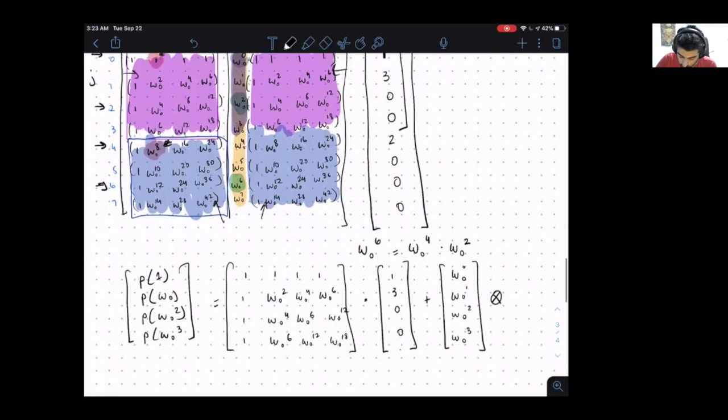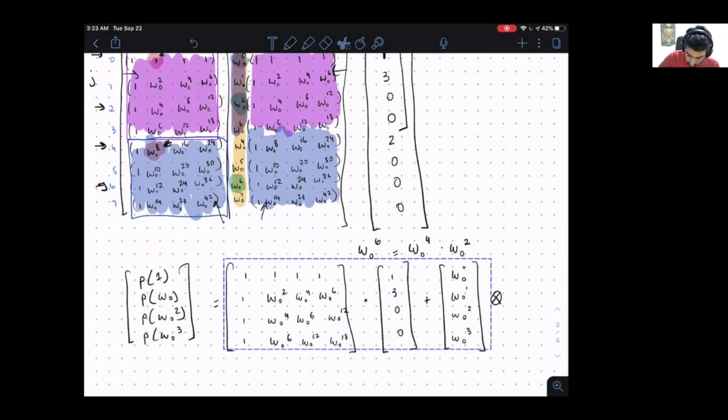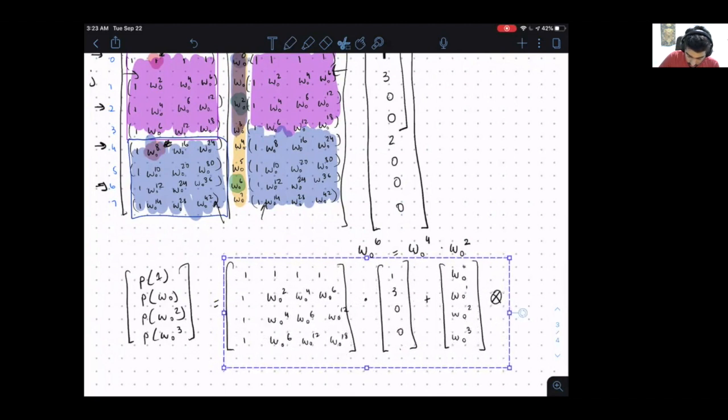I'm going to move these terms around a bit so we have more space.